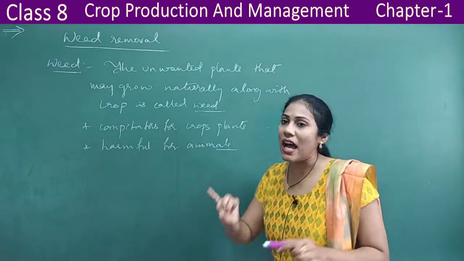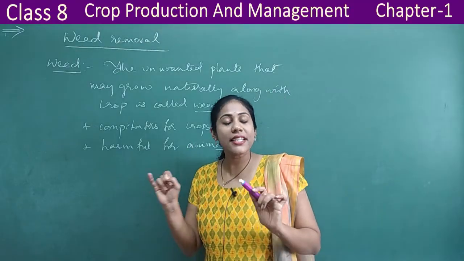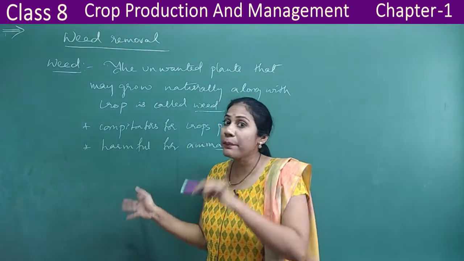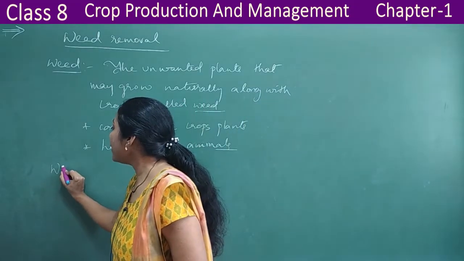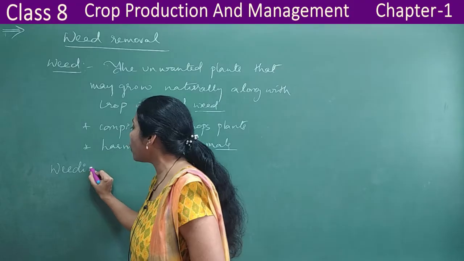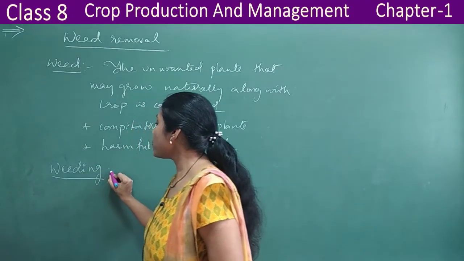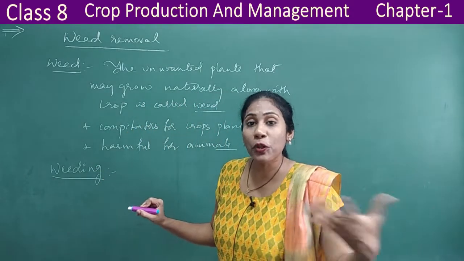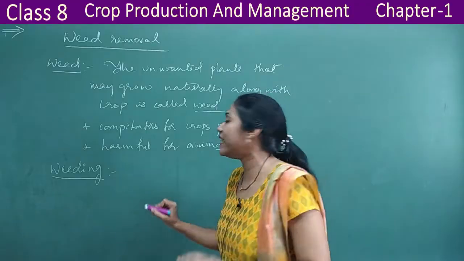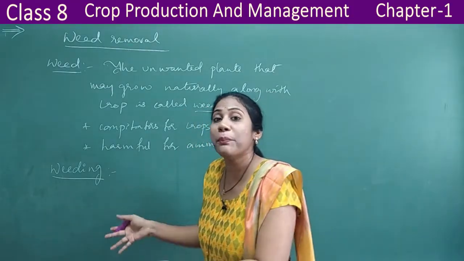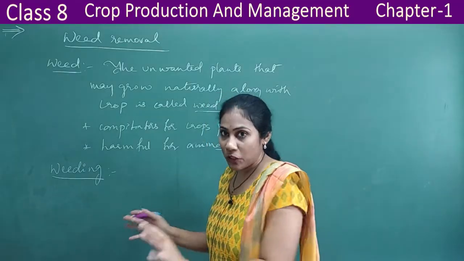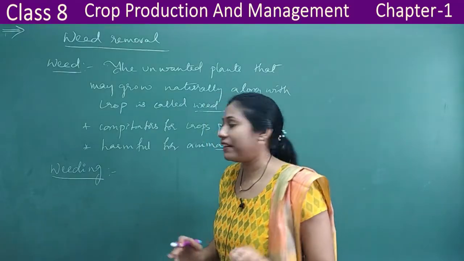Some of the weeds are really dangerous, so it is necessary to remove such weeds. Now I am talking about one more word, weeding. What is weeding? The process of removal of weeds is called weeding. If I am doing weeding, I am removing the weeds from the crop.